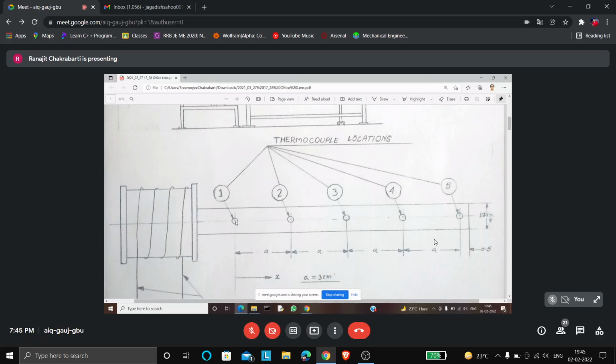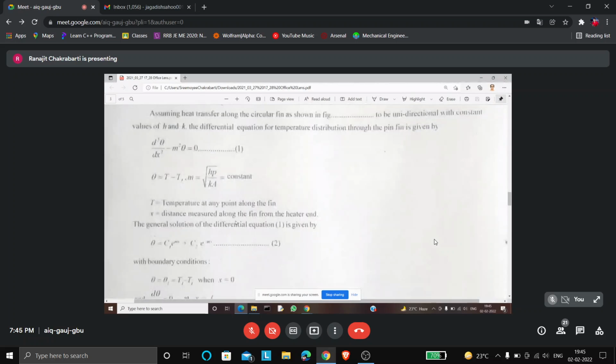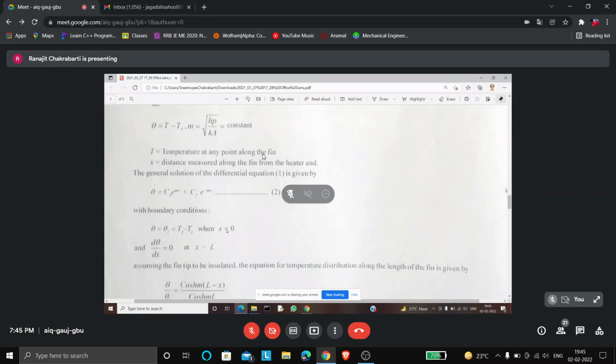We consider x equal to 0 here, and the value of theta here is considered theta 1, which is T1 minus Tf, and which is known to us. That is one boundary condition, at x equal to 0. You put x equal to 0, you'll get the relation C1 plus C2 equals theta 1.